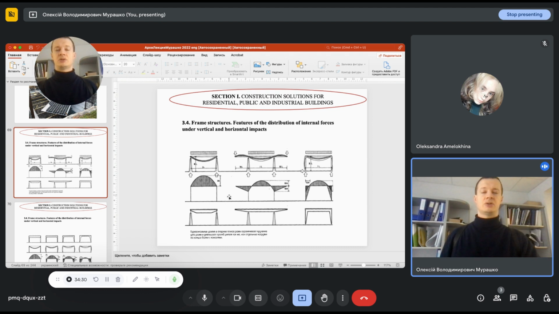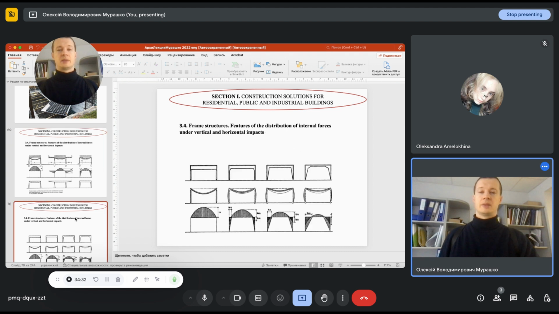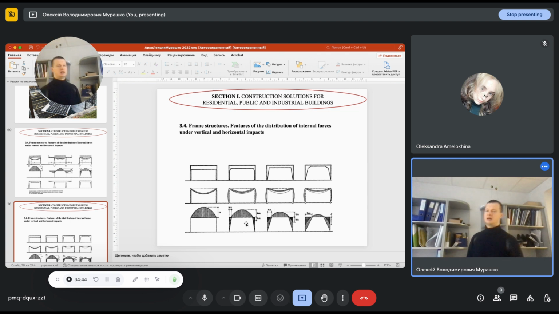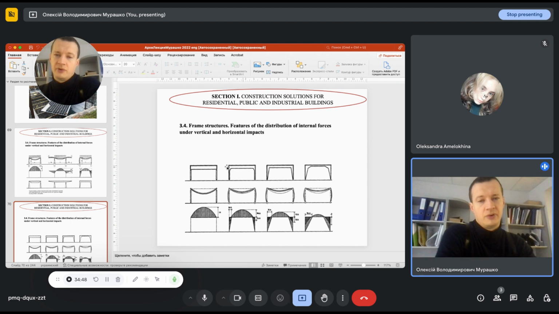In this case we are talking about bending moments under vertical loads, and you can see that the values of internal forces depend on the type of frame which we are using.